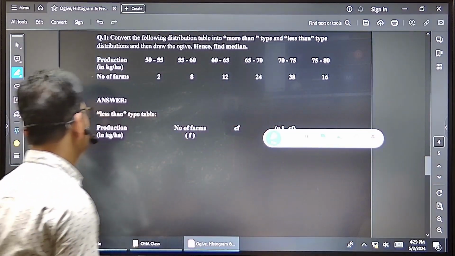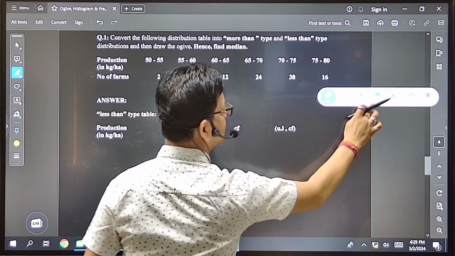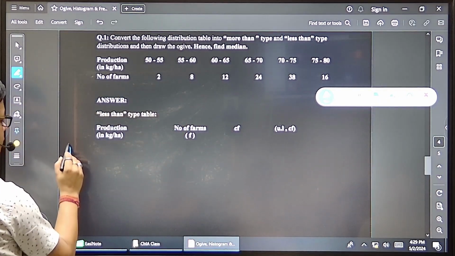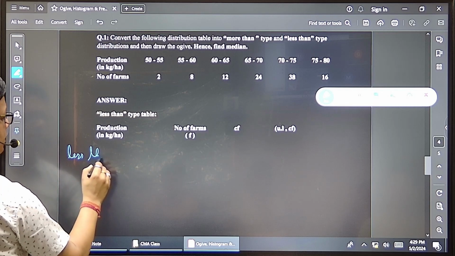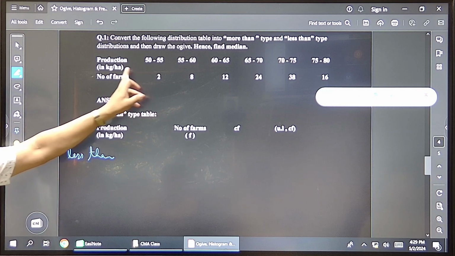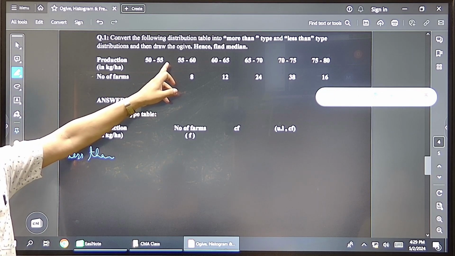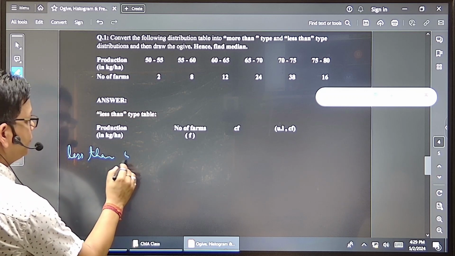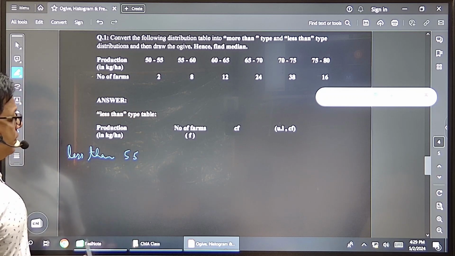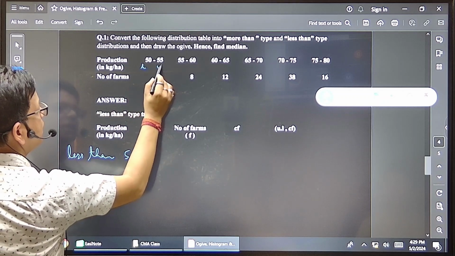So we find it like less than. You know, less than is always the upper limit. 50 to 55 kg, minimum is 50, maximum is 55. So what do you do? Less than 55. Now when writing this less than table, you all know this is the lower limit, this is the upper limit.